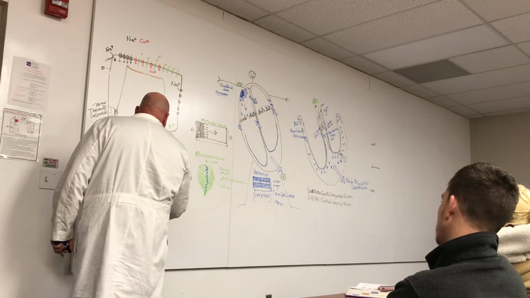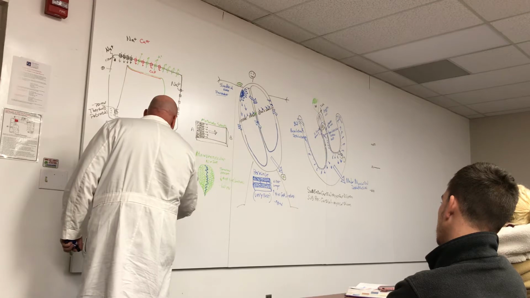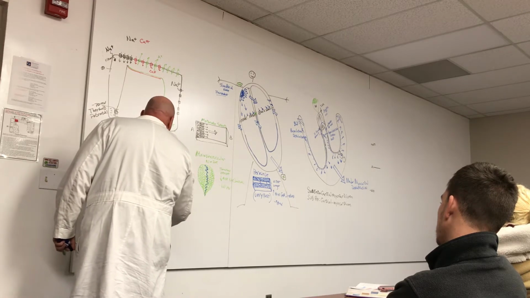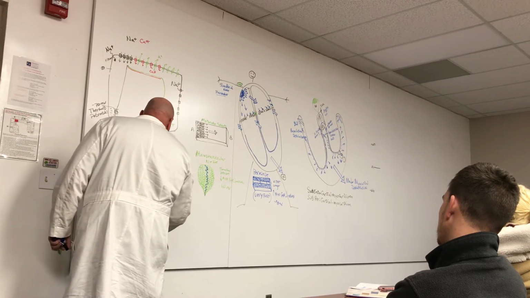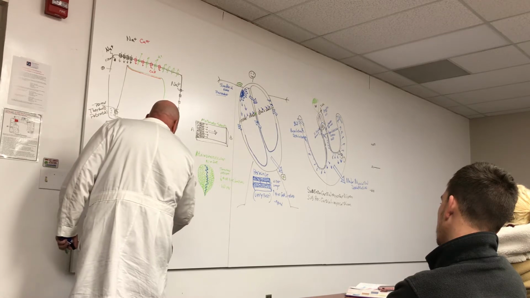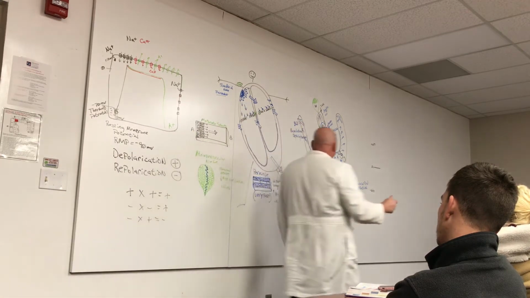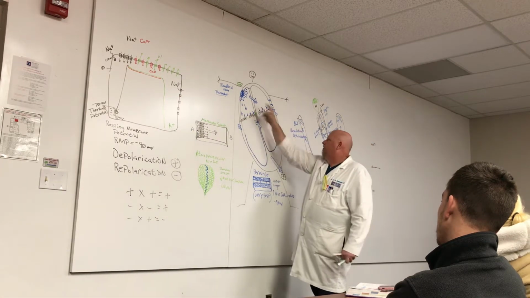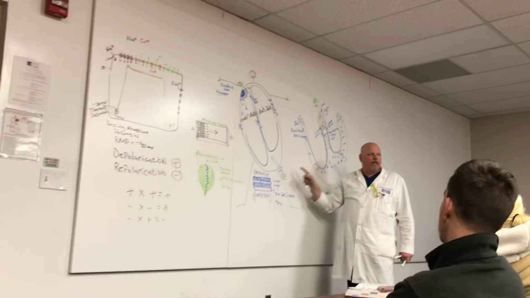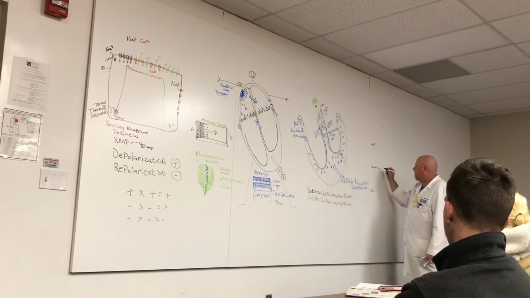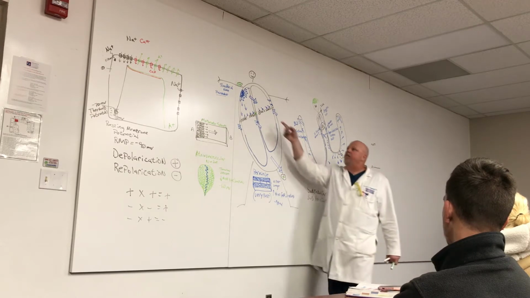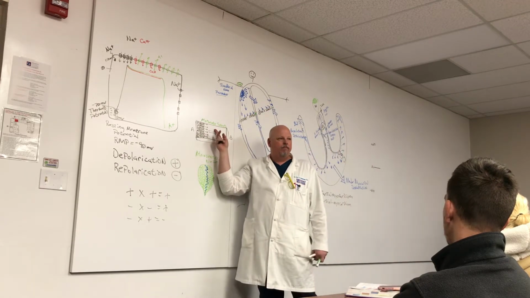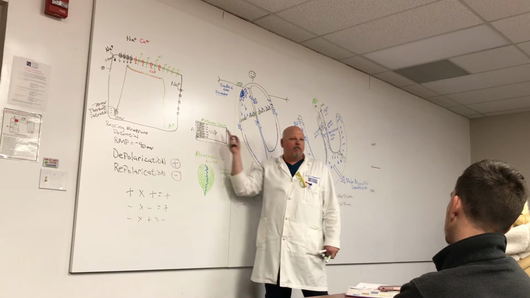A positive times a positive, a negative times a negative, a negative times a positive is negative, right? Okay, so a positive in the positive direction gives a positive. What's the speed of the myocardial cells? Moderate speed.